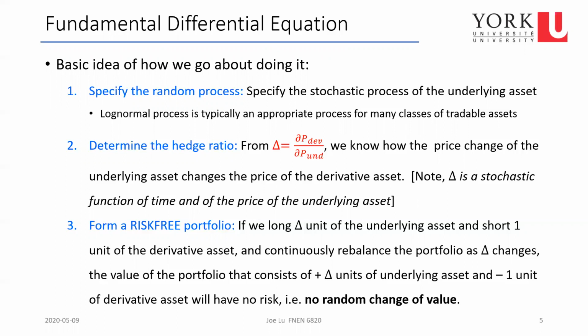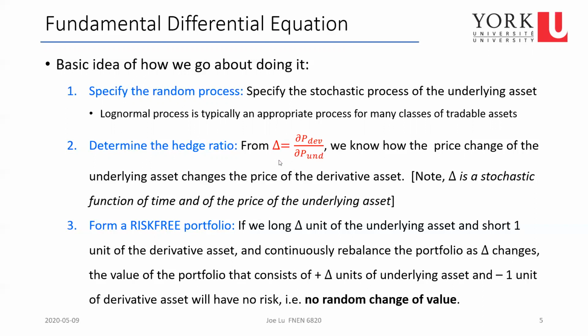Now, this may not seem like the same thing as we talked about in the last lecture, but very quickly, when we actually derive that, you will see that this is a necessary condition to form a risk-free portfolio in continuous time.